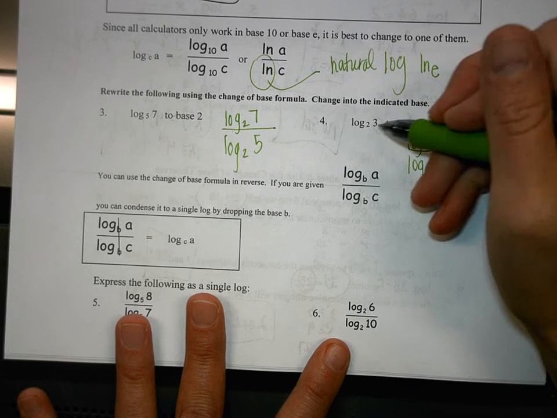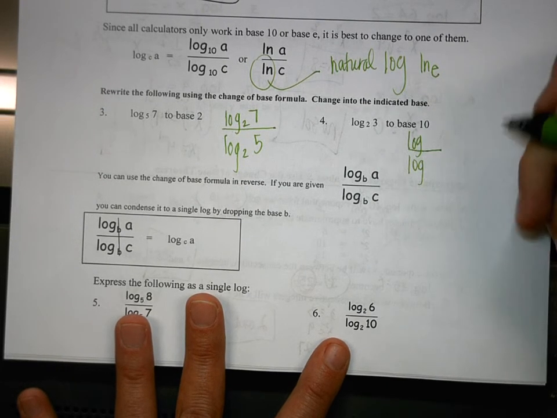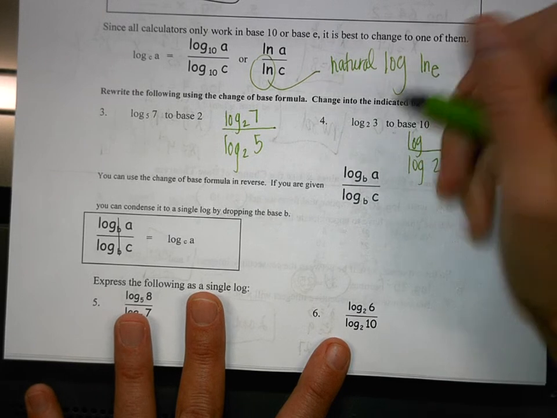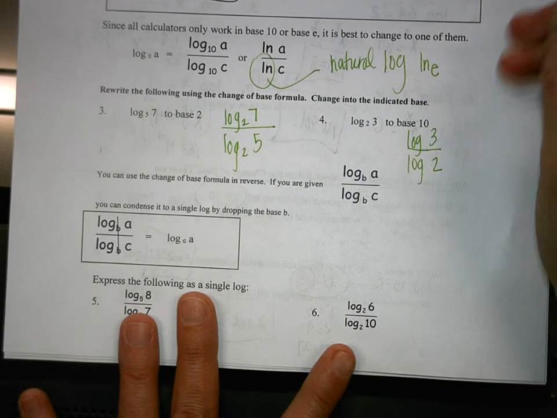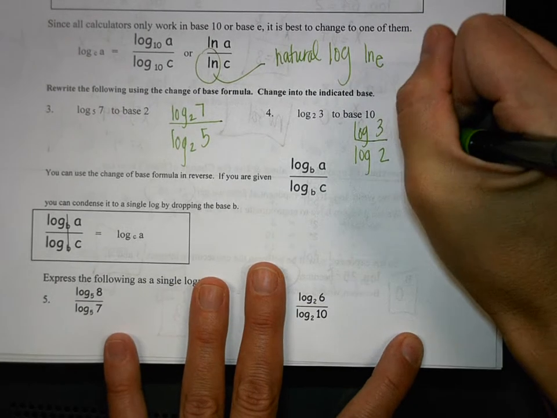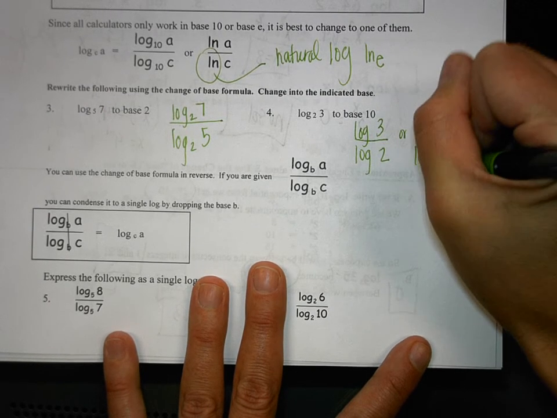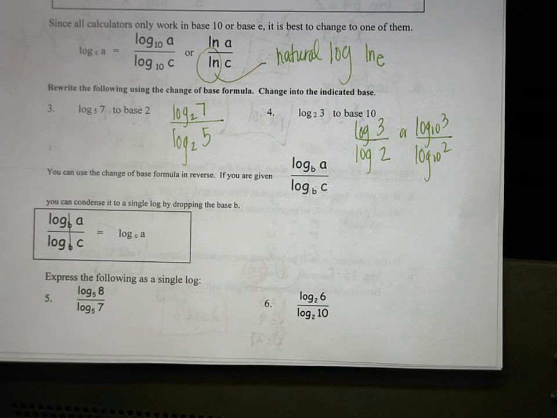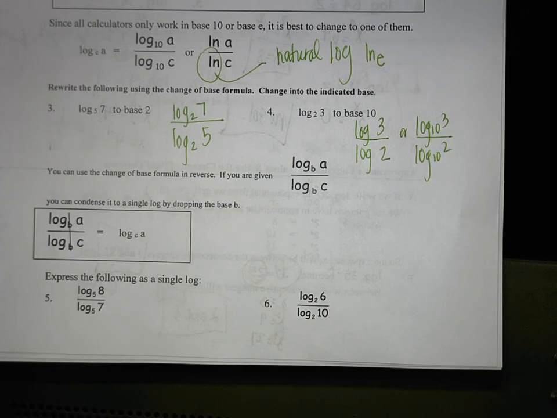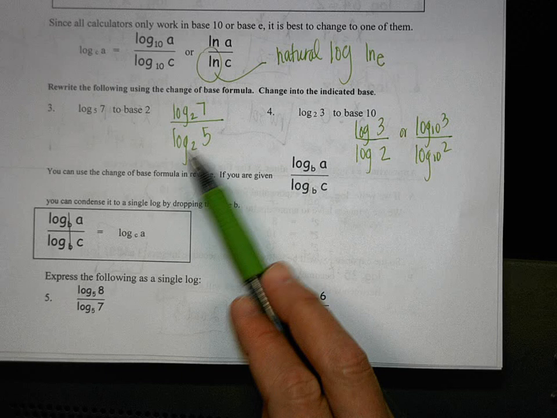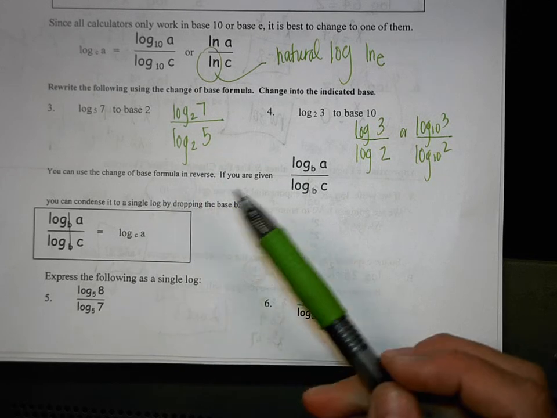And then where does the 2 go? On the bottom, and the 3 goes on the top. So it could be written like that, or if you want to write the 10, you totally can. It's just, like I said, we normally don't write it. So it's always going to be written like how it is for number 3 and 4? When you're changing the base, yes. Okay, so it's going to have that little number and the big number? Yes. And the little number is stated as your base. So log base 2 of 5, log base 2 of 7.